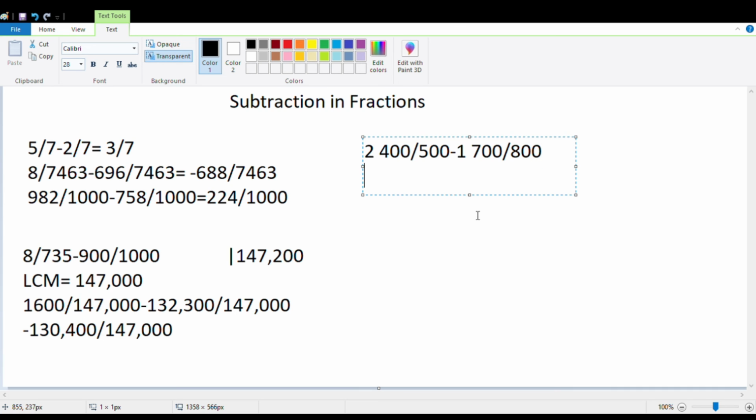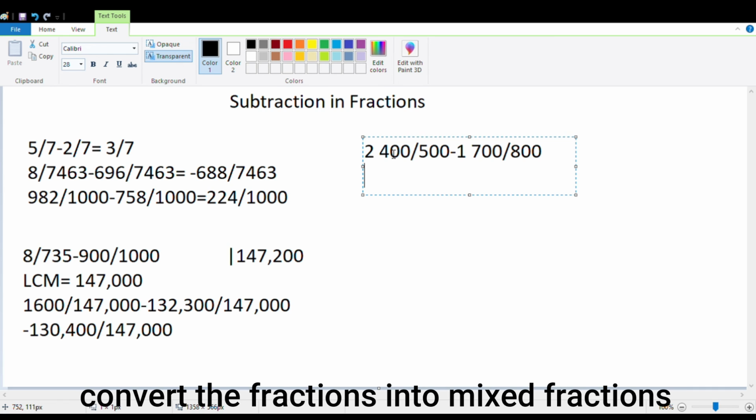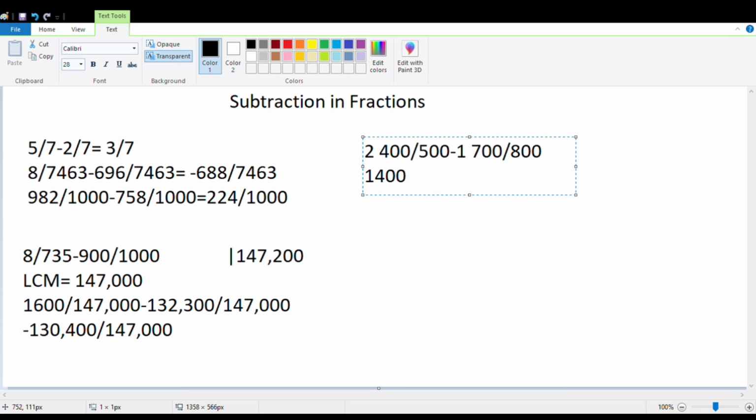So now, what does this question really mean? 500 into 2 is 1,000, and 1,000 plus 400 is 1,400 by 500.